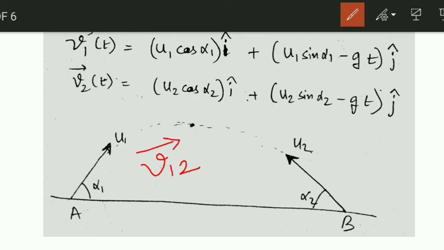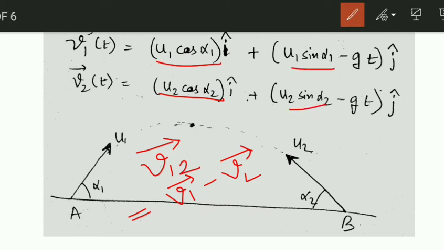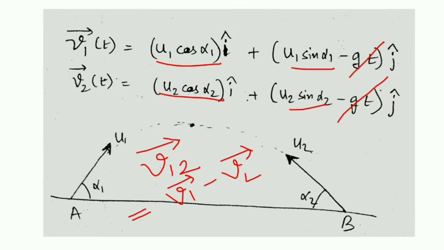So relative velocity of 1 with respect to 2 will be v1 vector minus v2 vector at any time t. So v1 minus v2, this will be this term minus this term, u1 cos alpha 1 minus u2 cos alpha 2, u1 sin alpha 1 minus u2 sin alpha 2, gt minus gt, and these two will cancel. So gt and gt will cancel.